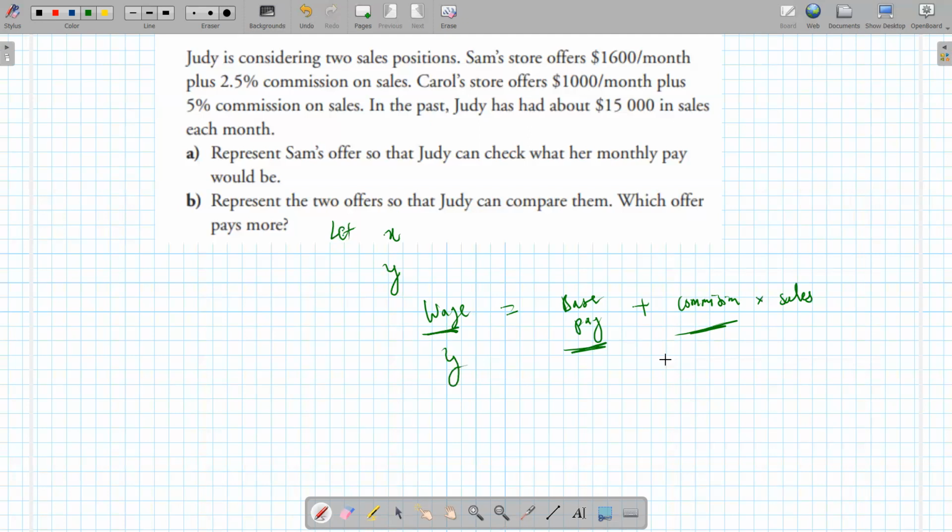This is Y. And your X will be this, because the wage is dependent upon the sales. Everything is gonna be constant, okay? The only variable there is sales. So let Y be the wage, okay? Y is the wage, and X is the amount of sales, how much they can sell. So using this idea, what is the equation for Sam's store?